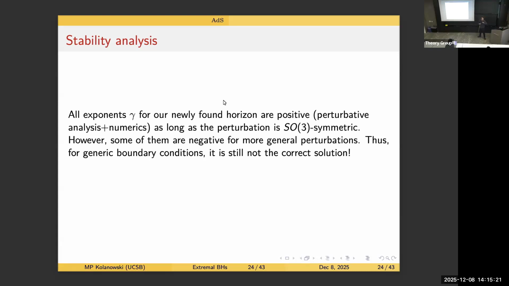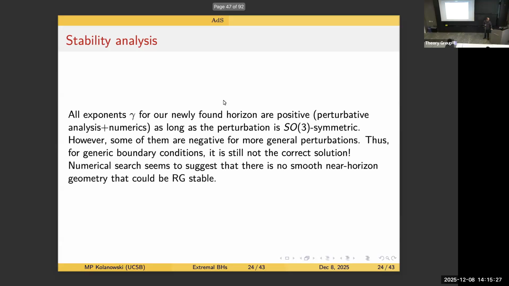And so for entirely generic boundary conditions, these are still not the right solution. And in general, numerical search so far suggests that there is no near horizon geometry that could be RG stable, that would be stable under all small deformations of the boundary.